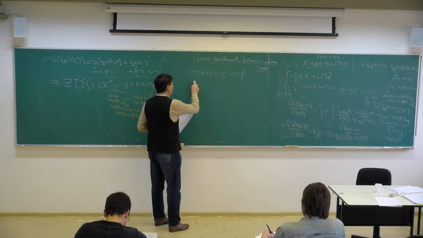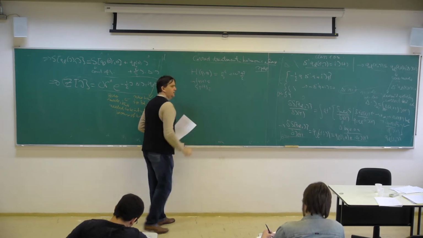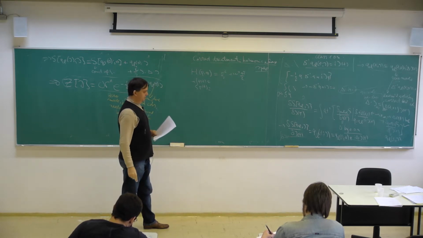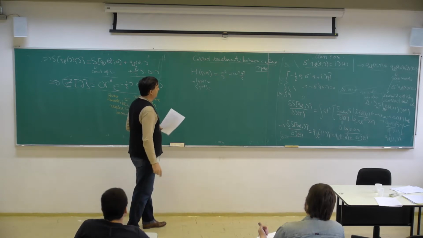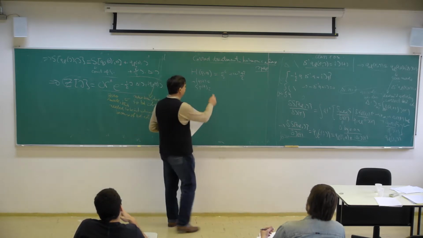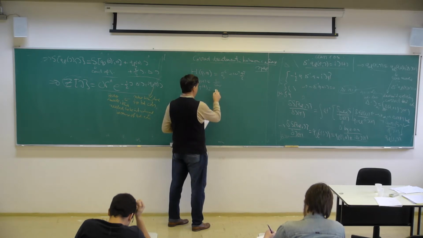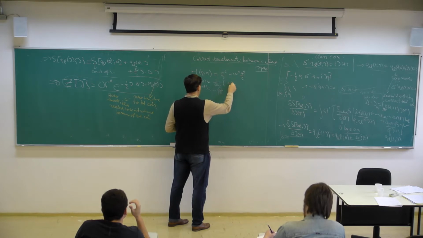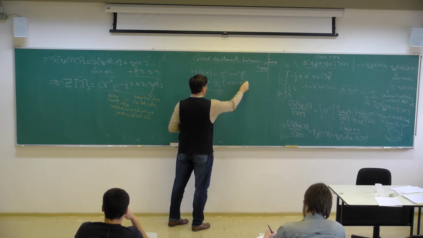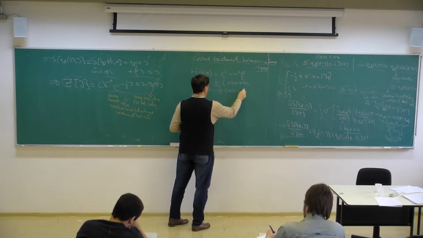And then we know that we can make a transition between q of t and p of t to a and a dagger. So this was just a change of variables in some sense. Here we have a plus a dagger, and here a minus a dagger.